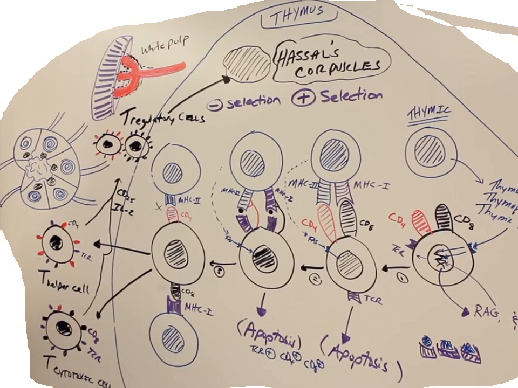And when they pass this stage they go to the other stage where the T lymphocyte has only the surface marker CD4 or CD8.